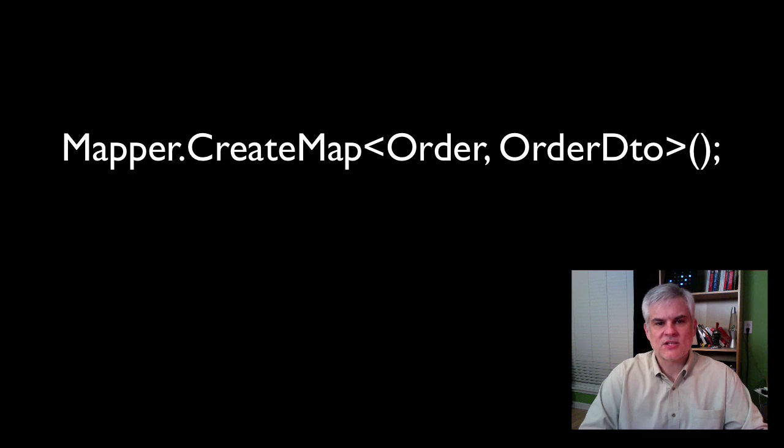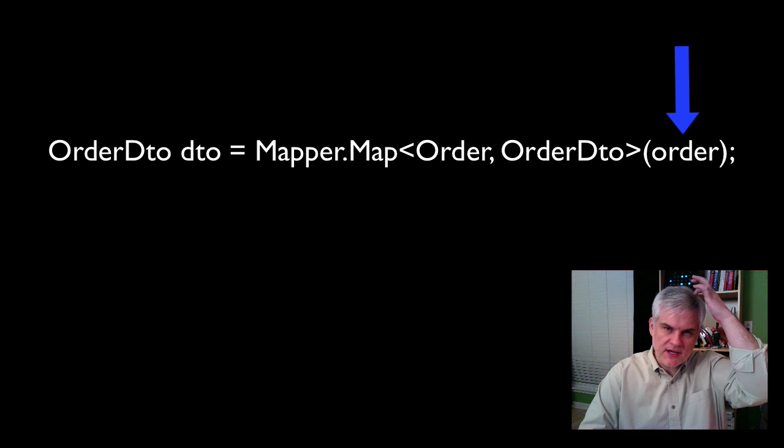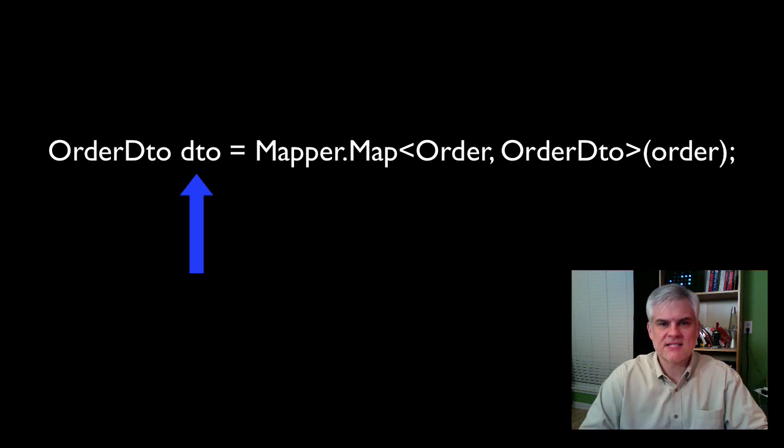Then to actually use the mapping, whenever you're doing the actual mapping between the two, you merely call that same map, passing in the generic order and order DTO, and then you pass in your instance of the order entity, and then it will map it out to this order DTO over here on the left-hand side.